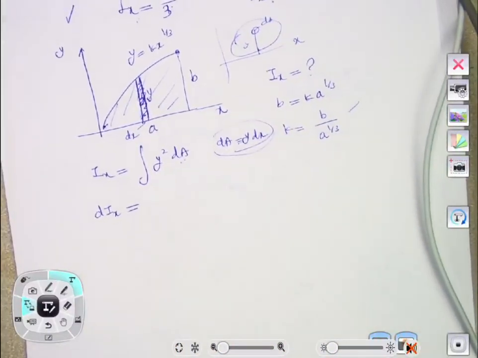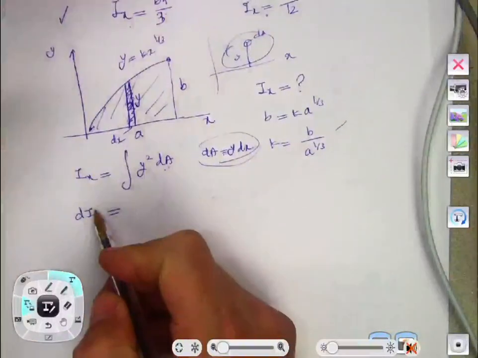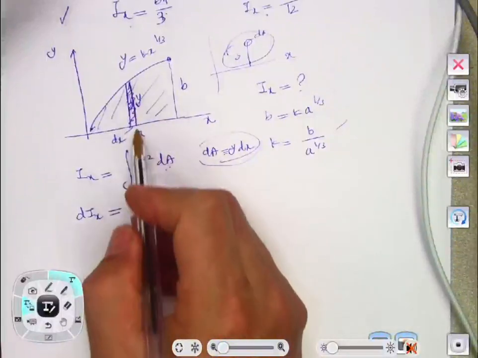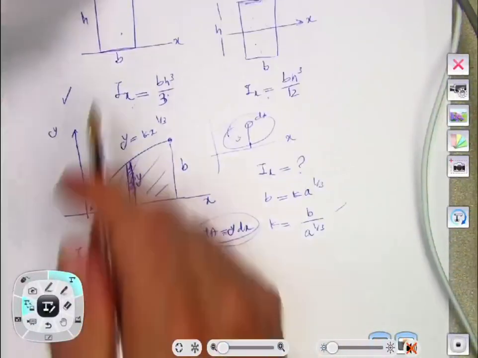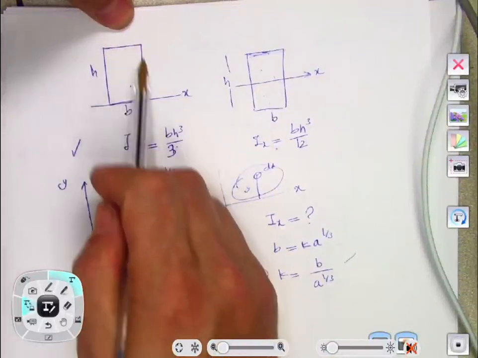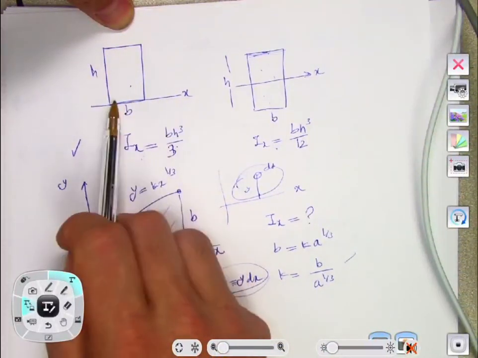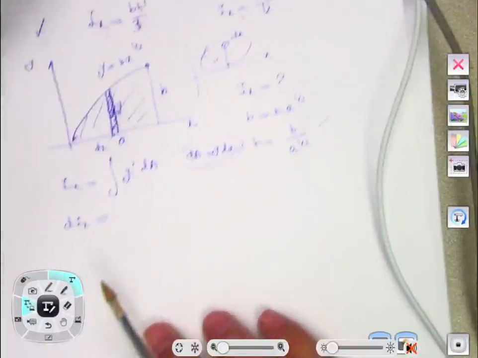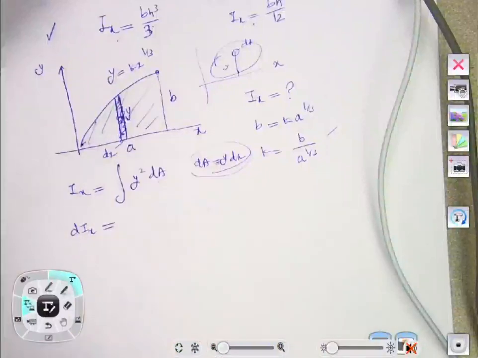Okay, look at this. For that differential element, what is the moment of inertia dIx about the x-axis? I just proved to you that for a rectangle, the moment of inertia about the x-axis is base times height cubed divided by 3. So I can apply that to this differential element too.